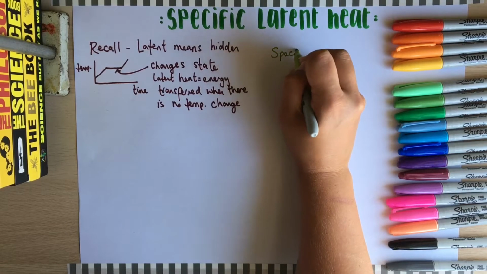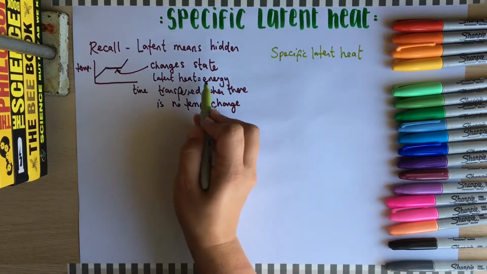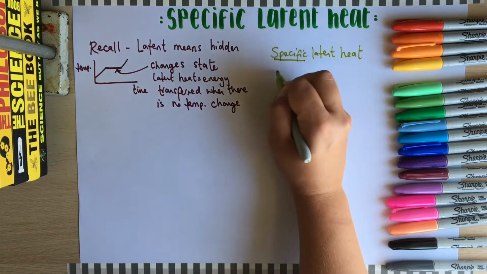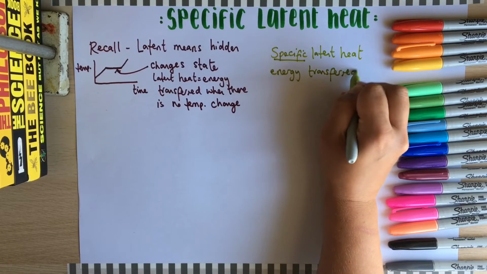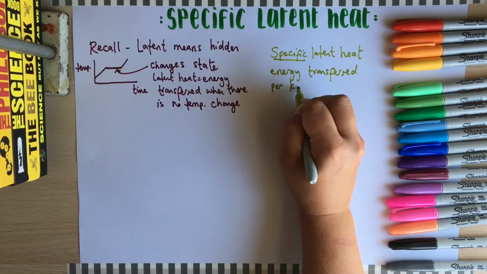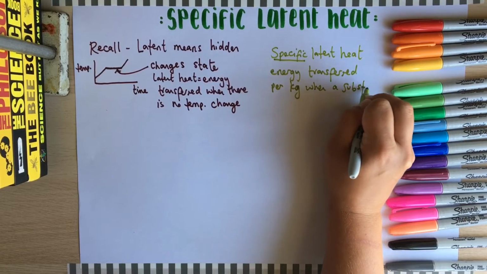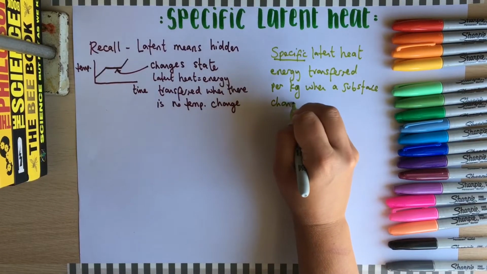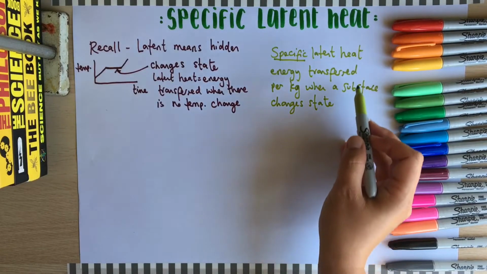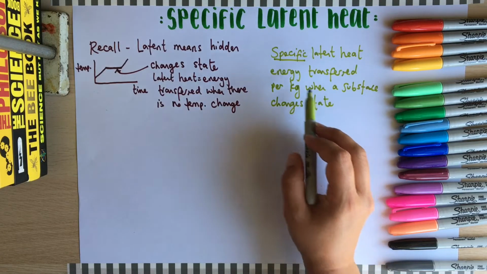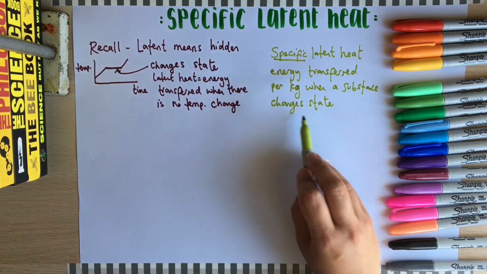So for specific latent heat, it's still talking about this energy, but the definition is the energy transferred per kilogram when a substance changes state. So we're starting to put it into a quantifiable and measurable situation here, because we're saying how much energy is transferred for every kilogram of a substance when it changes state.